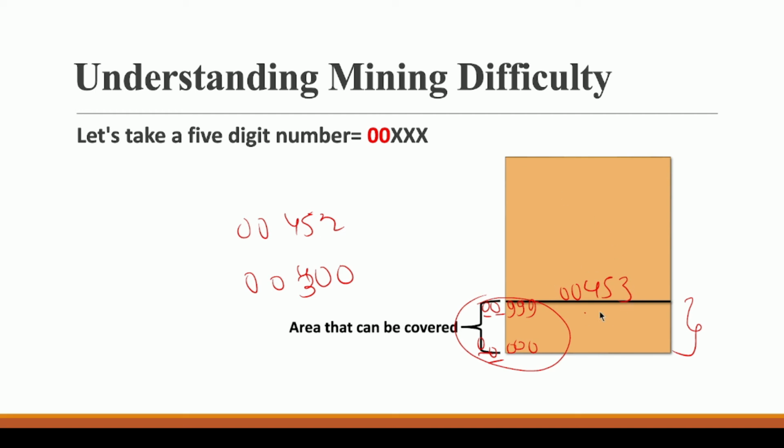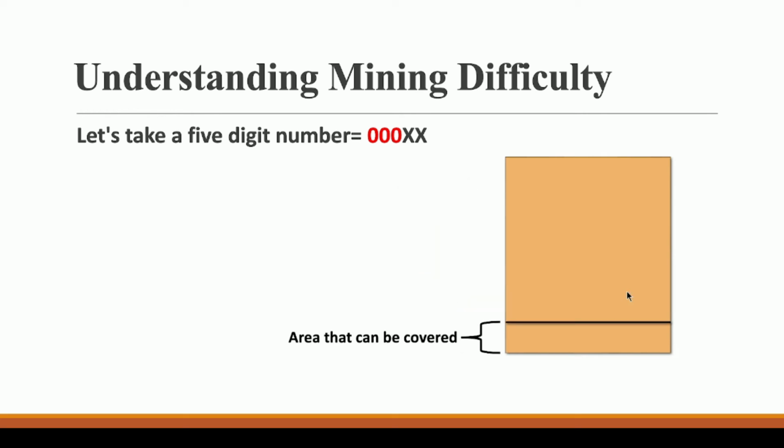Any number above this, for example 12453 or 10453, you can clearly see lies above this area, because this area is only for 3-digit numbers, but all these numbers are 4-digit numbers. So definitely we cannot have a 4-digit number in this area. That's why we have this type of target.